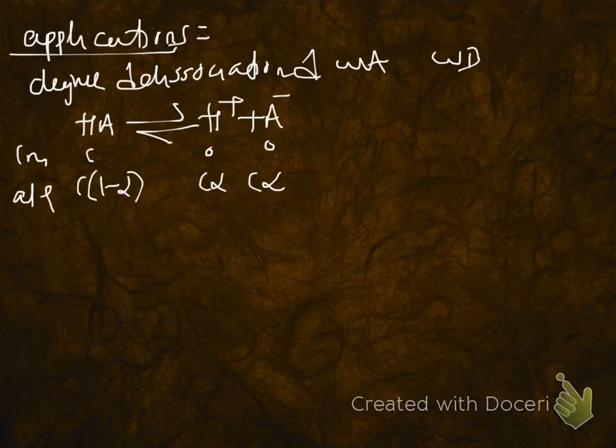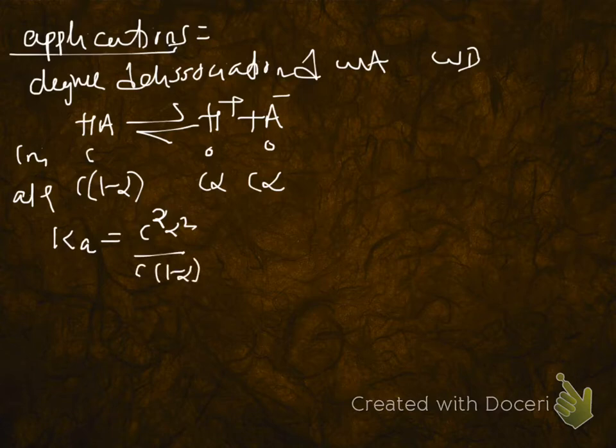That is the difference. From this we can say that the dissociation constant of acid is Ka. Ka equal to C square alpha square divided by C into 1 minus alpha.